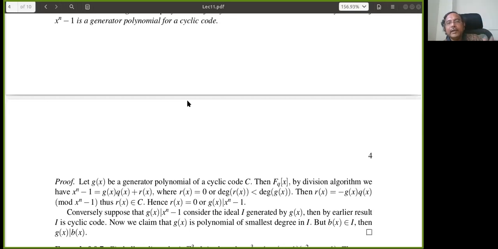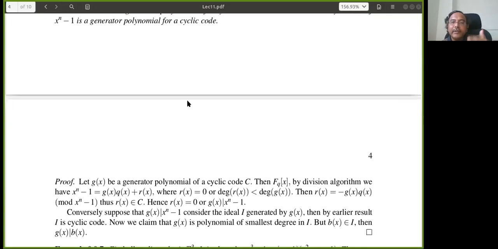Just take F[x], where F is a field and F[x] is the set of all polynomials with coefficients from F, and quotient with x power n minus 1. You prove that it is always a principal ideal ring. In particular, for Fq finite, it is a finite ring, easy to prove.